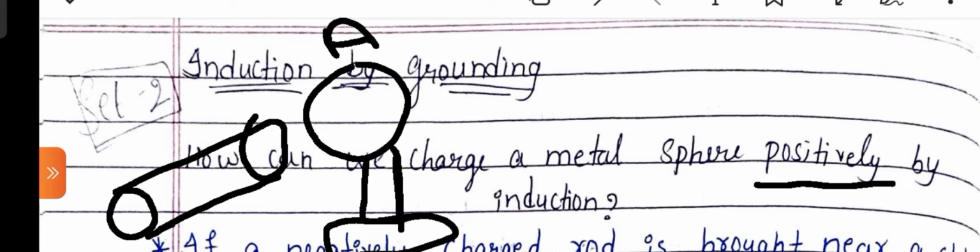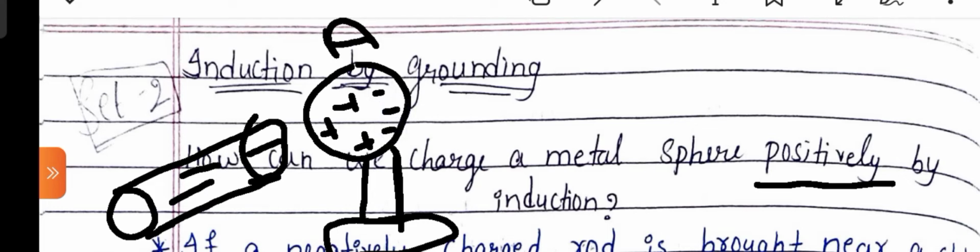Here we make a metal sphere positively charged by induction. In induction, a good conductor acquires a charge opposite in nature to the charged body. So we need a positively charged sphere, and therefore we take a negatively charged rod. The positive charges in A will accumulate to the left of the sphere, and the negative charges to the right.